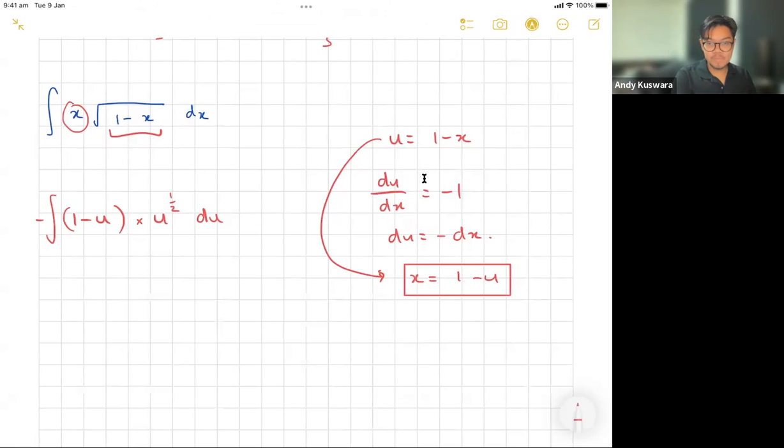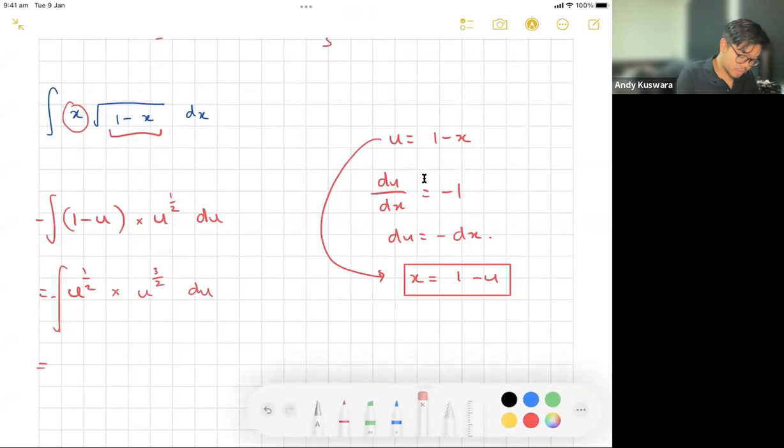Okay. So in this case, what I'm going to end up having is the integration of negative u to the half minus u to the 3 on 2 du, with that negative out the front.